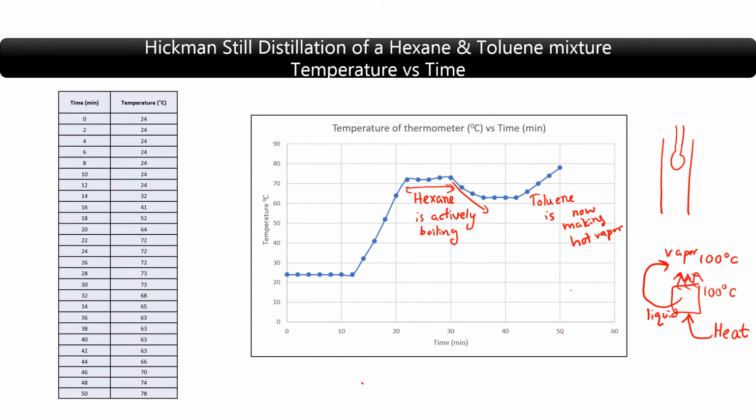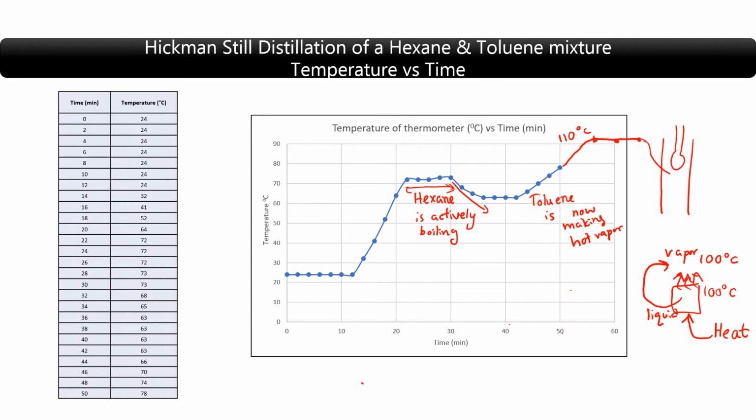And if we continue to heat this all the way up to the boiling point of toluene, then toluene would start to actively boil, and while toluene is boiling, you would see the temperature stay constant around this temperature, and then the temperature will again go down.